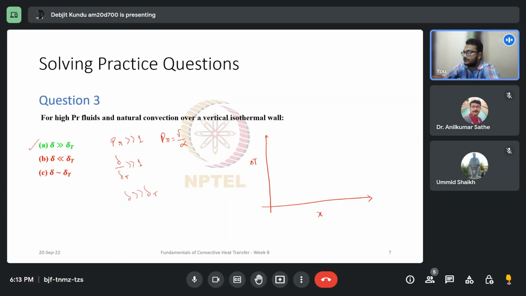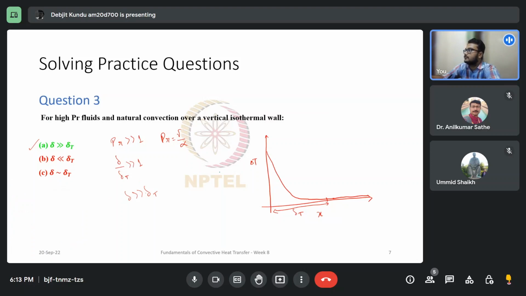The temperature difference is high over here. It gradually decreases and goes to 0 like this, and we can call this distance delta T. This is the thermal boundary layer thickness.